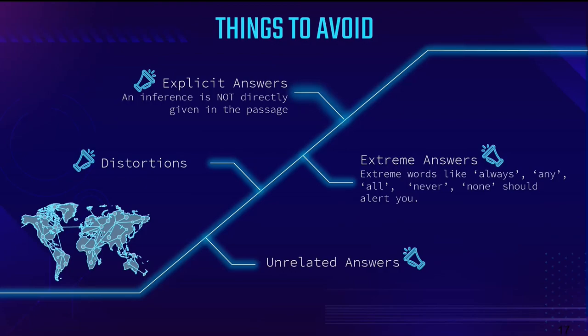Avoid the following things while making inference. First is explicit answers. Remember, an inference is not directly given in the passage. It's important to understand the question type to avoid wrong answers. In inference questions, any answer choice which repeats or rephrases something from the passage is wrong.